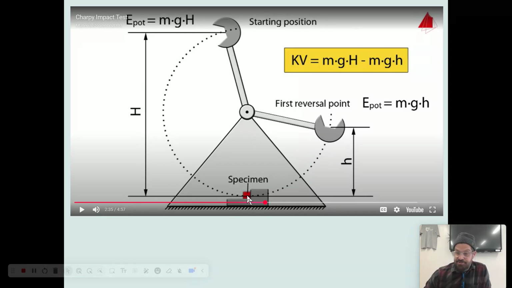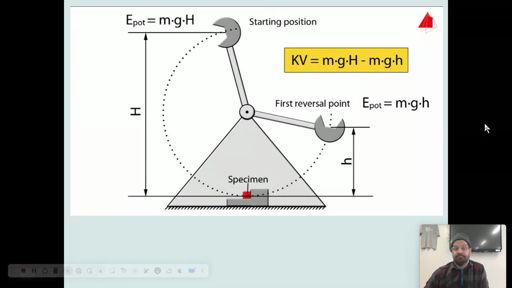All of that energy was transferred into the specimen at the point of impact until it broke it. Okay, so it's measuring how much energy it took upon impact to break that material. So we're not talking necessarily about indentations, we're talking about breaking. But certain materials are going to have different characteristics, different amounts of energy it requires to break them. It corresponds to the difference between the two potential energies.